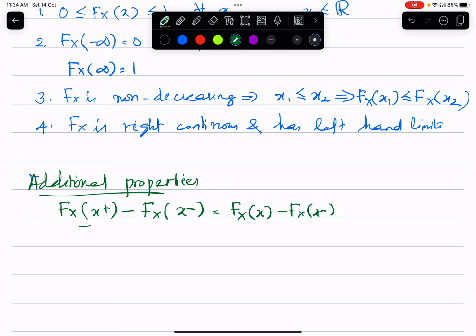Why is this the same? Because it is right continuous. Why is this not the same? Because they have jumps. They have left hand limits. That is equal to P of X equal to x. Suppose we want to find the probability at a particular point.